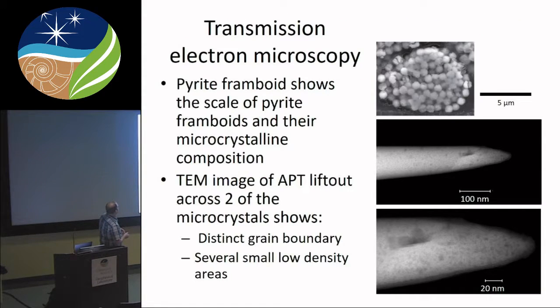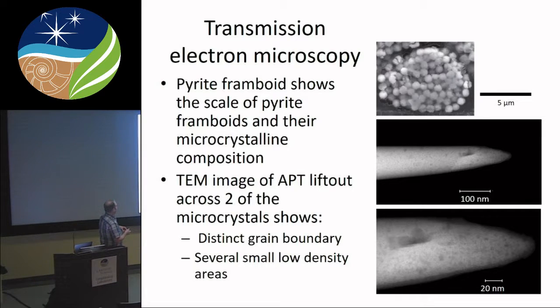So what you do for the sample prep is you dig a trench with a focused ion beam SEM on either side and lift out a very small prism of pyrite and then carve it into a bunch of small tips that look like this. This is a TEM image of one of these atom probe tips.